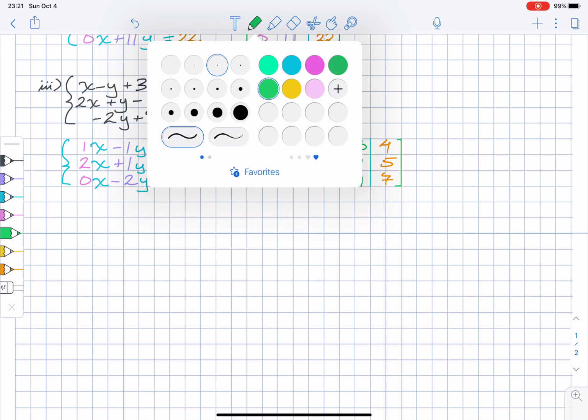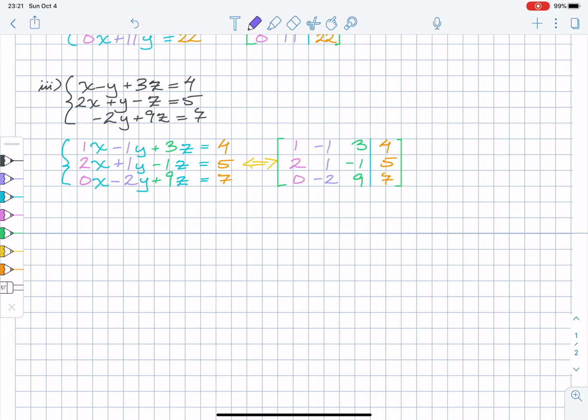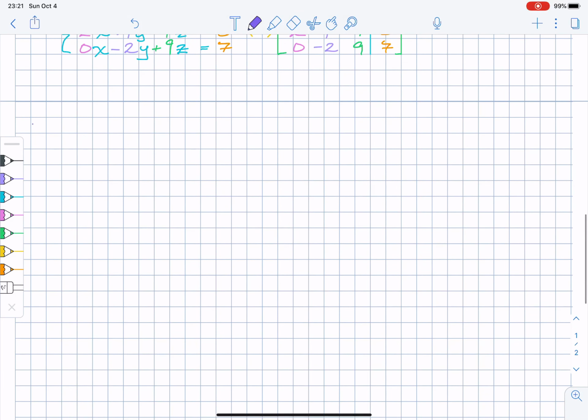Okay, so now let's do elementary row operations. And this has to do with what I did in the recall. Elementary row operations. Okay, so number 1.